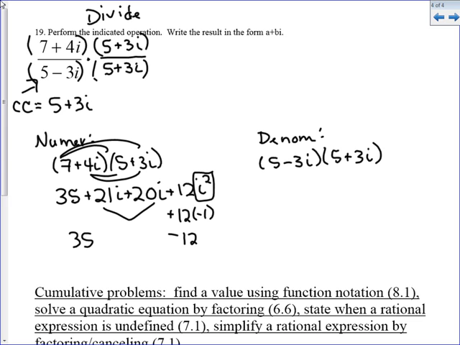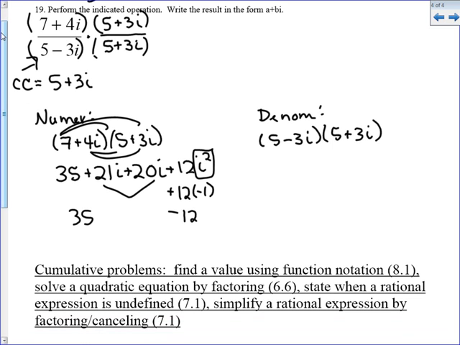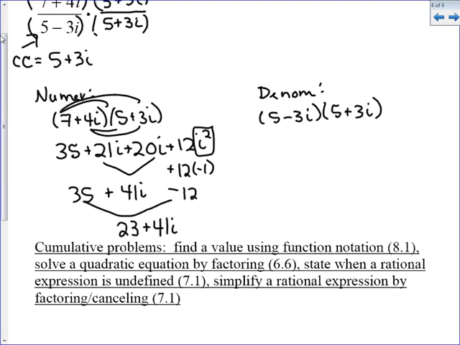I can combine the imaginary terms, plus 41i. And then I can combine together the real terms. 35 minus 12 is 23. So there are the two terms to my numerator: 23 plus 41i. So in the answer to my problem, I'm going to have 23 plus 41i.